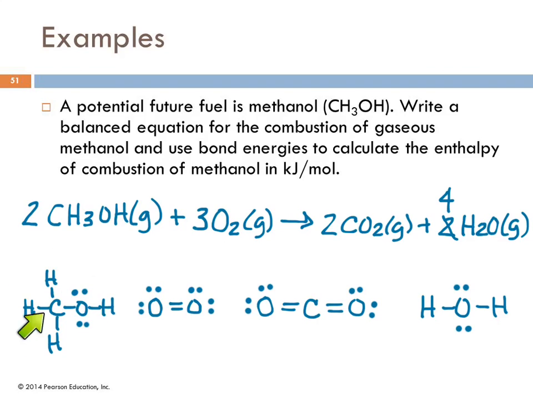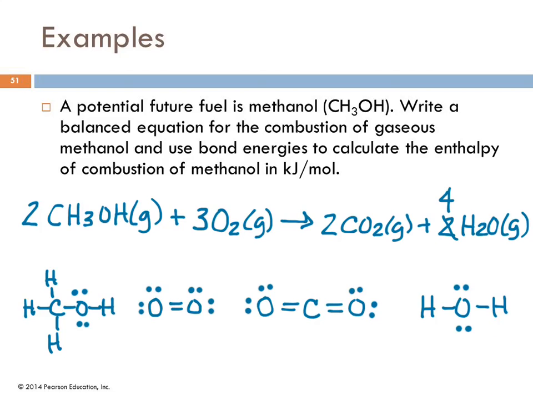So let's look at the methane here. And which of these bonds gets broken? Or maybe, are there any that don't get broken? This oxygen-hydrogen bond. There's an oxygen-hydrogen bond over here, right? So that one stays the same.